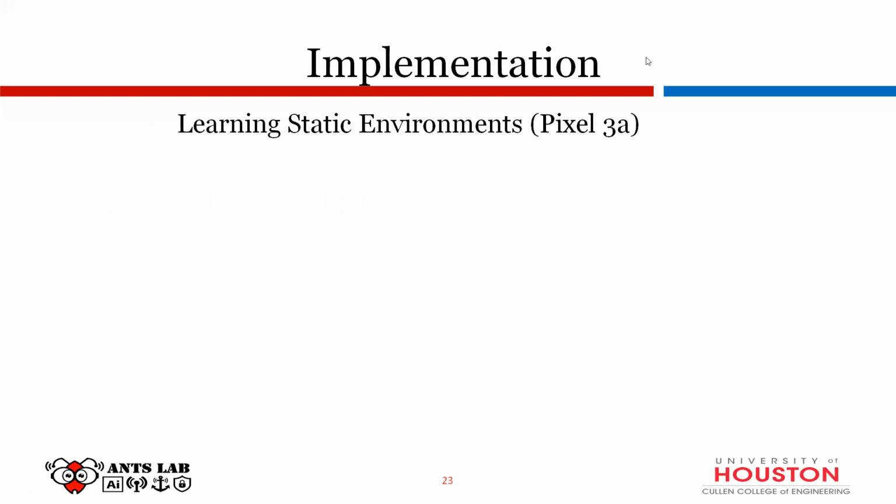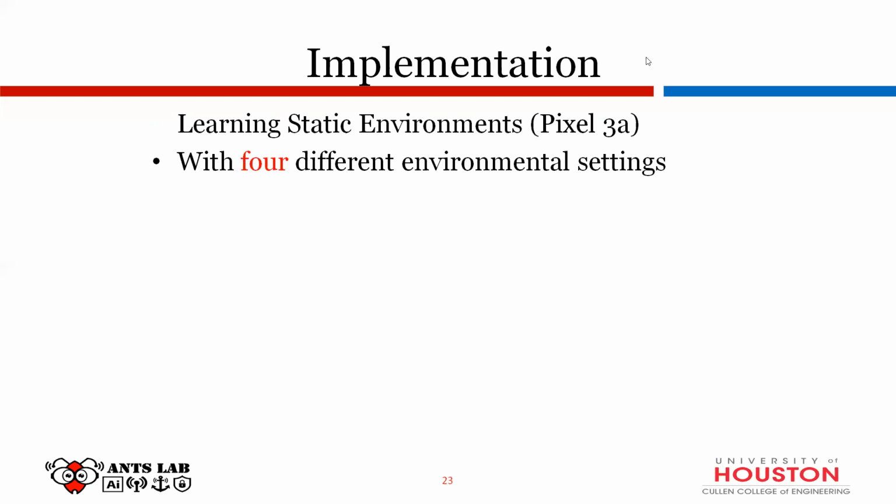The second one is learning static environments with Pixel 3a. That means the environment is not changing, but you can still learn from those specific environments. Pixel 3a is a mobile device. There are four different environmental settings mentioned in the paper: normal, under a fan, in your pocket, or the cell phone with a protective case.